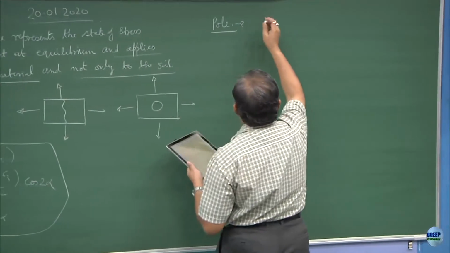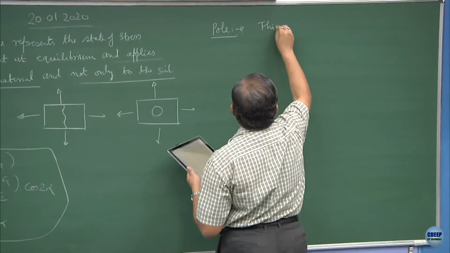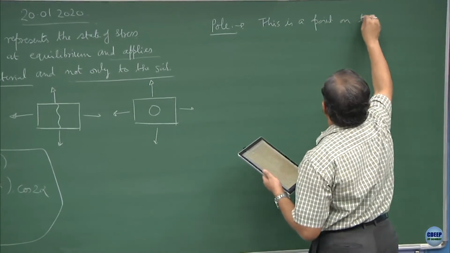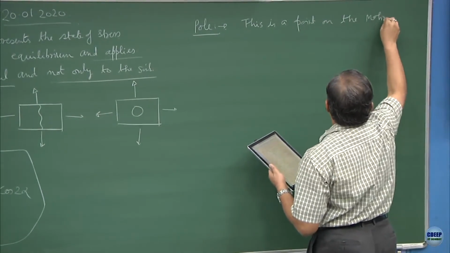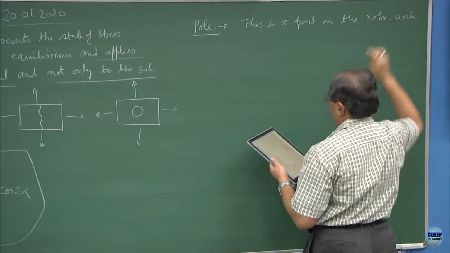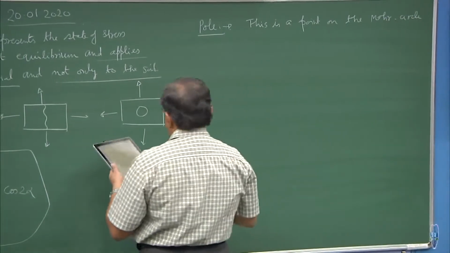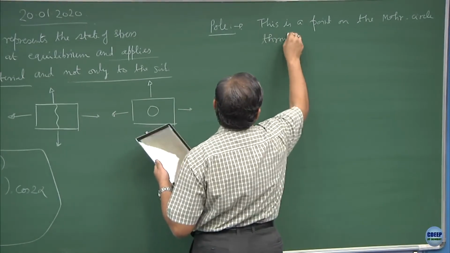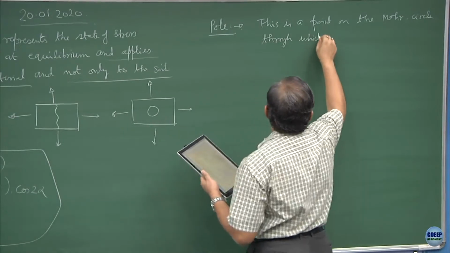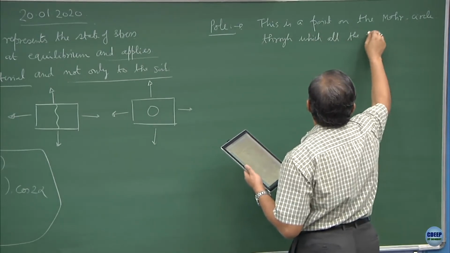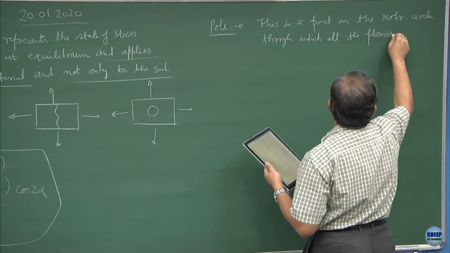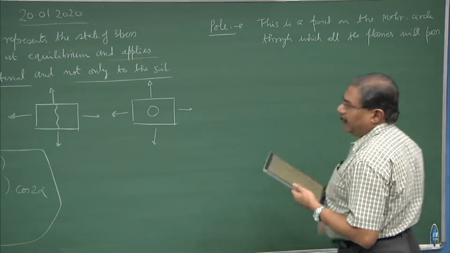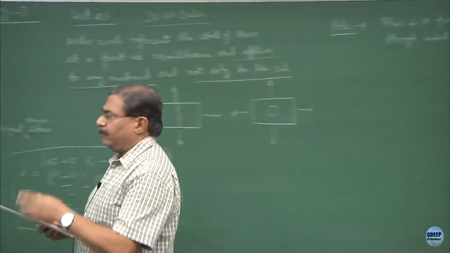Basically, the characteristic of the pole is that this is a point on the Mohr circle through which all the planes will pass. Fine. This is the fundamental nature of this pole.